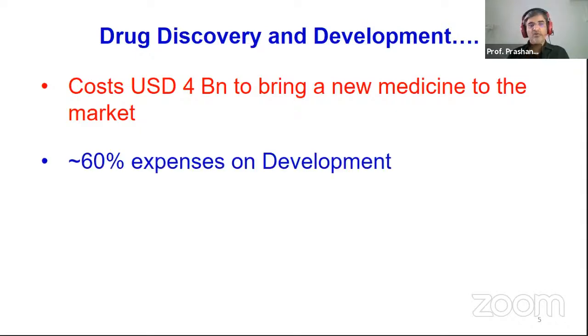Out of this whole money, approximately 60% of expenses are incurred on development, that is phase 1 to 3 clinical trials, because depending on the drug indication or use, the severity of the disease, or whether a large population is affected by the disease state for which the drug is being developed, you can have various numbers of patients.